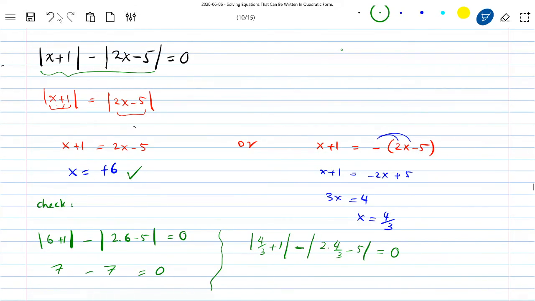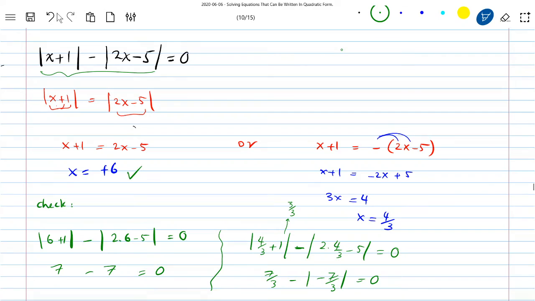Just numbers, you can add them up. 4/3 plus 1, that could be written with 1 as 3/3. Common denominator. It is 7/3 minus absolute value of 7/3 is still positive 7/3 minus, 2 times that is 8/3, absolute value of 8/3 minus 15/3 is negative 7/3.